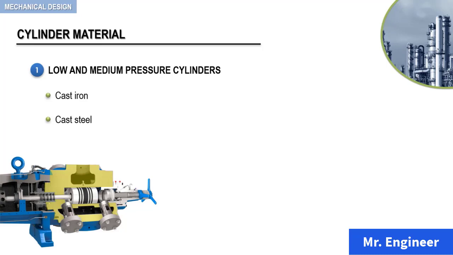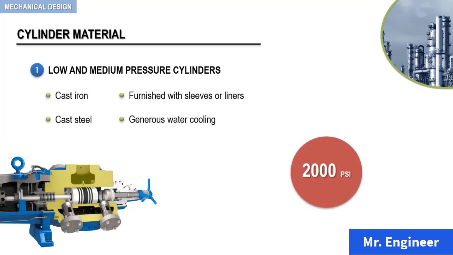In most designs, the cylinders may be furnished with liners or sleeves. These cylinders normally have generous water cooling around the bore and in both heads. Pressures can be up to 2000 psi, depending on the cylinder bore diameter.